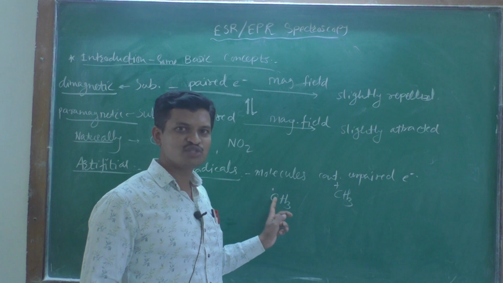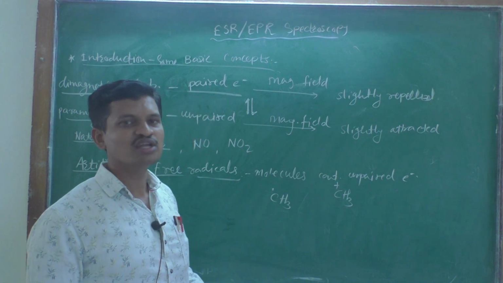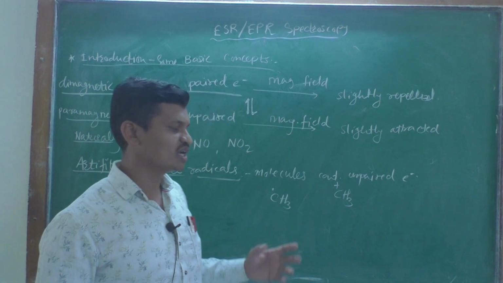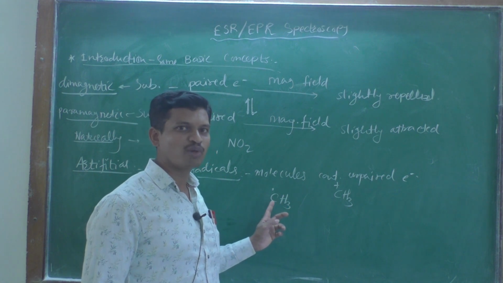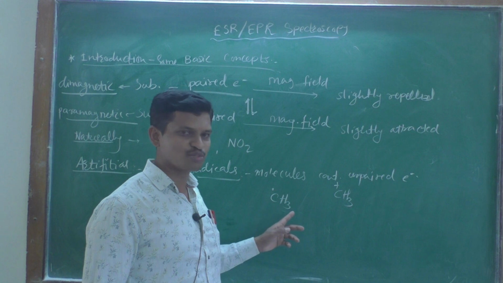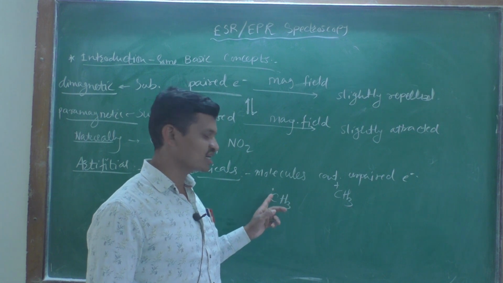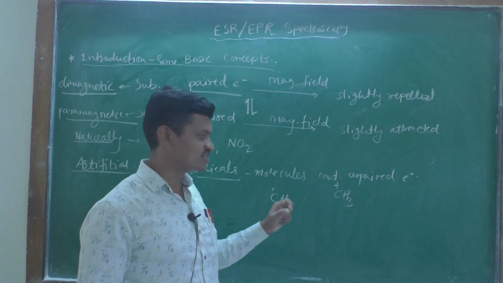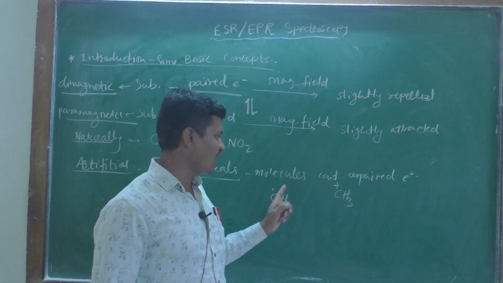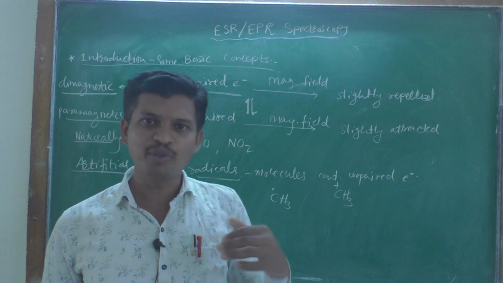But this species is formed by the homolytic fission or homolysis of a single covalent bond, either the C-C bond, or the C-X bond or C-H bond, any one. So these are species containing a single electron or an odd electron, or a molecule with an unpaired electron.